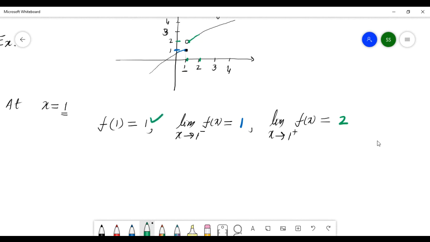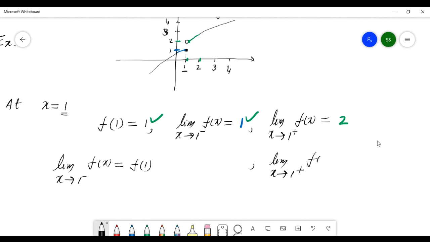Okay. So this function is continuous from the left. See, this and this are the same. Left limit and this are the same. So limit as x goes to 1 from the left of f(x) equals f(1), the same. And this one, limit as x goes to 1 plus of f(x), is different. Okay.